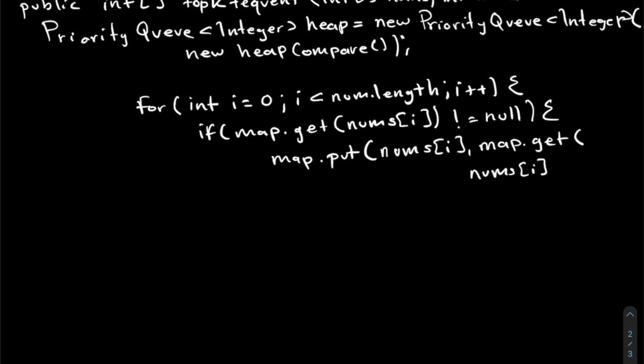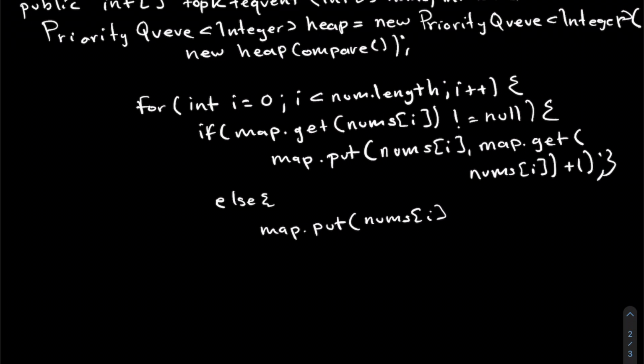Right, so that's what happens when you already have it. Else, we're just going to add it to the map: map.put(nums[i], 1), starting off with 1.